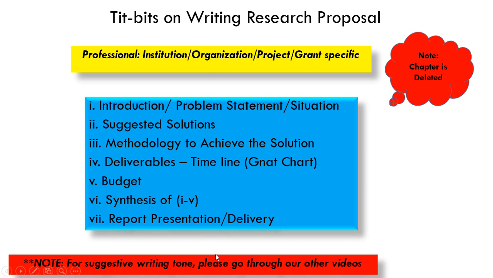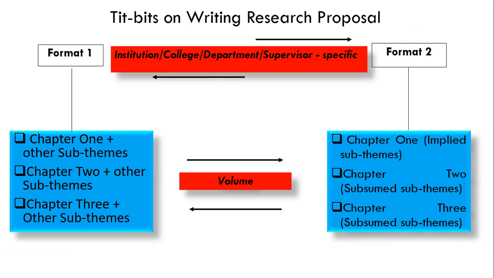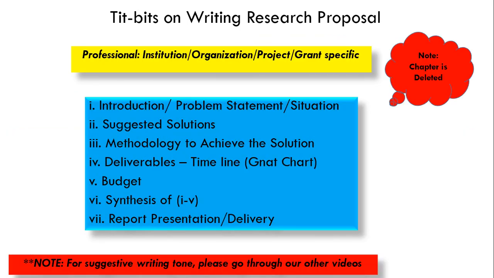Now, on the tone of writing, we encourage you to please check the tone of research writing for the research proposal under the academic, in previous videos. However, for professional research writing tone, you are expected to make yourself as clear as possible. You are expected to make your wording, your tone, very simple, and of course you are expected to avoid technical jargon or too big a vocabulary as the case may be.